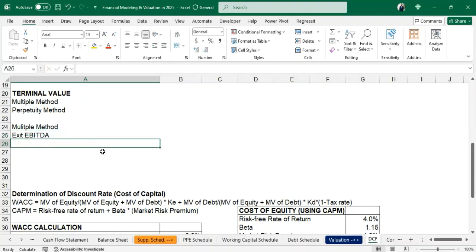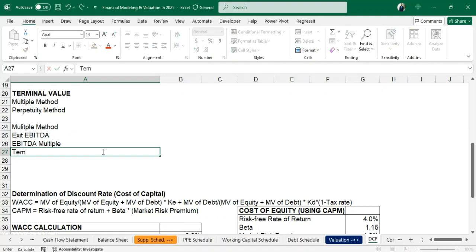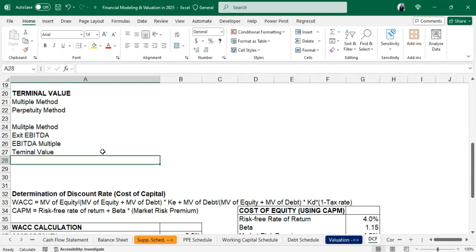After finding the exit EBITDA, then we'll find our EBITDA multiple. After finding the EBITDA multiple, then we can find our terminal value. After finding the terminal value, then we can find the net present value of the terminal value.